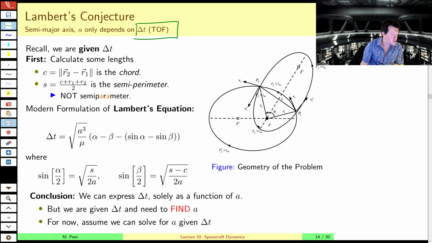And Lambert's conjecture, the original formulation, was that the semimajor axis of the orbit only depends on the transfer time. In general, of course, the semimajor axis depends on period. But the semimajor axis of this transfer solution only depends on the delta t between these 2 points. Okay.